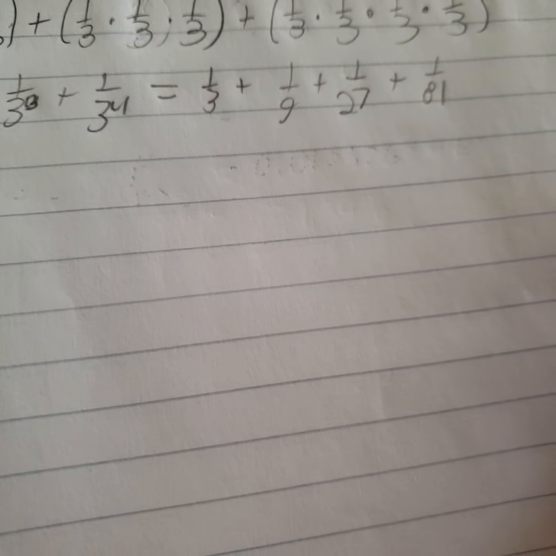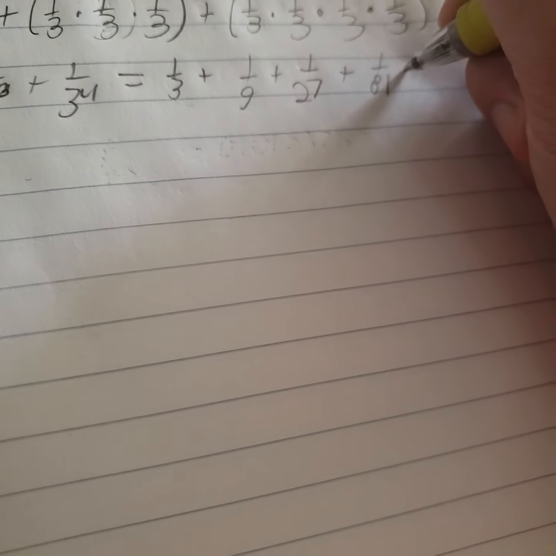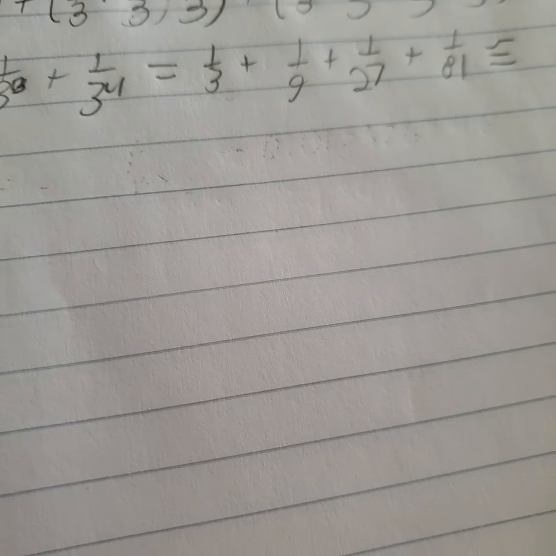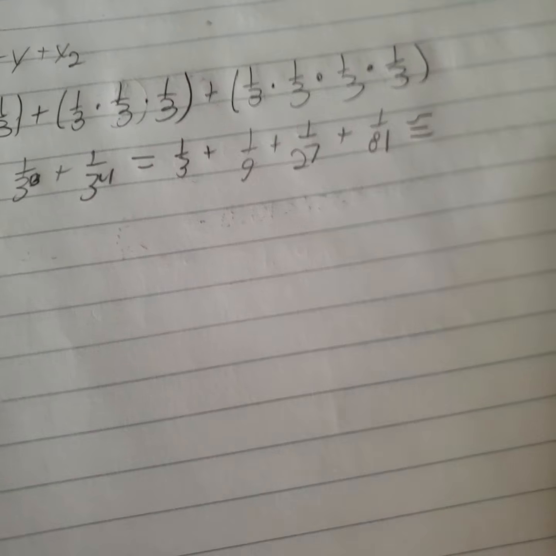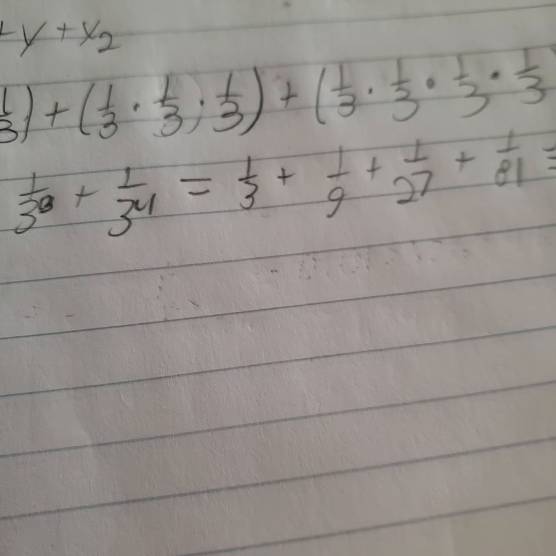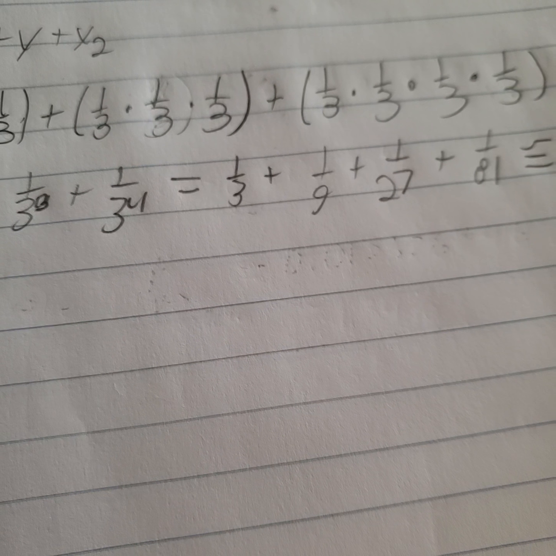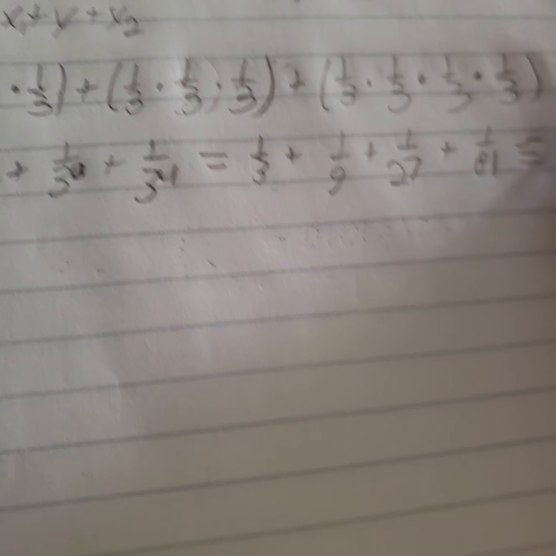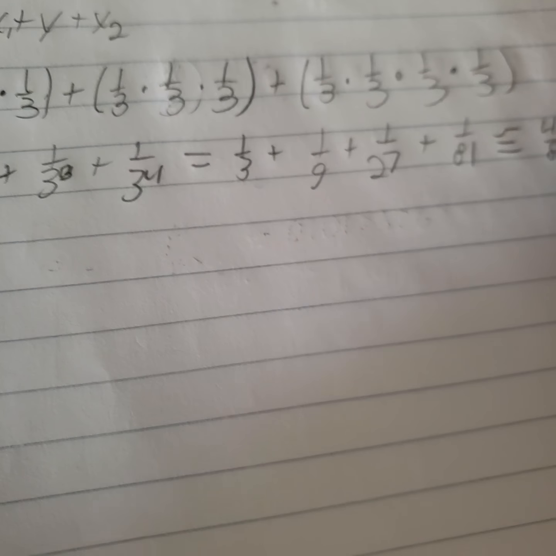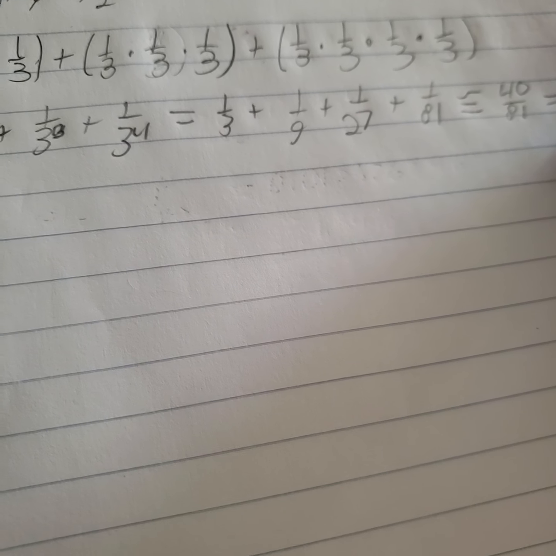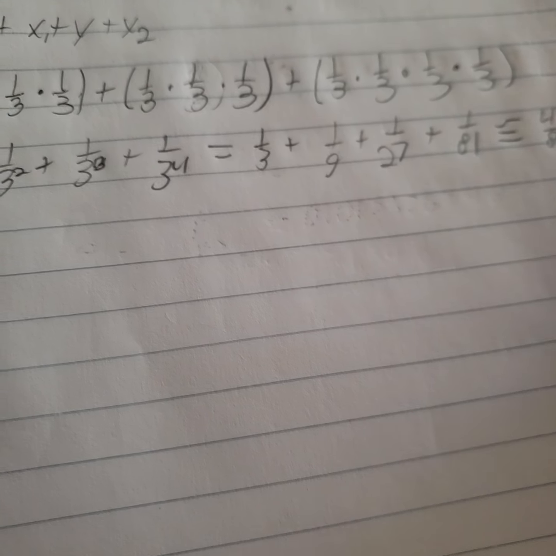Now, we add all those up, and we get the percentage that the outbreak will die out after all of this, which is equal to 40/81 is the exact number, but that is equal to 0.49383.